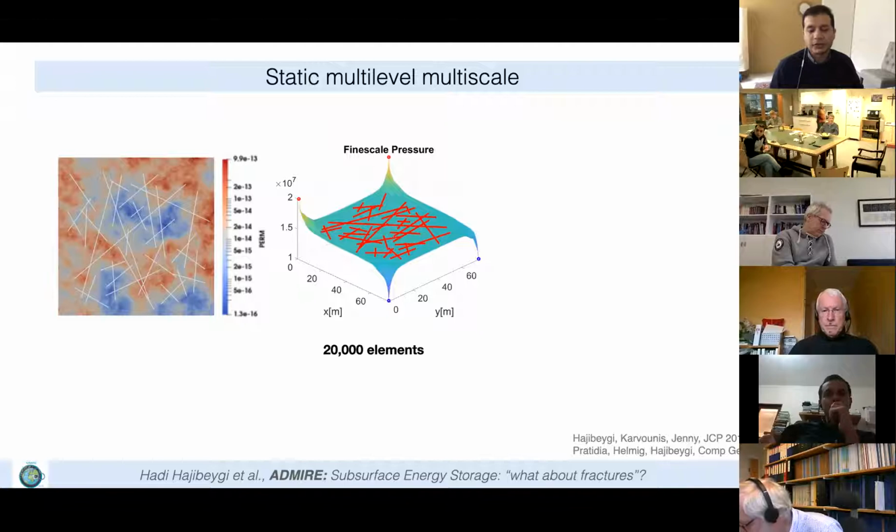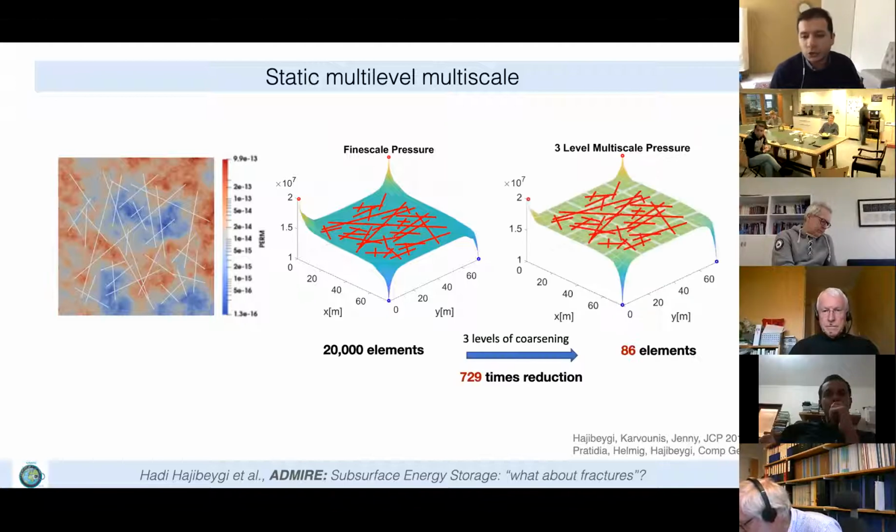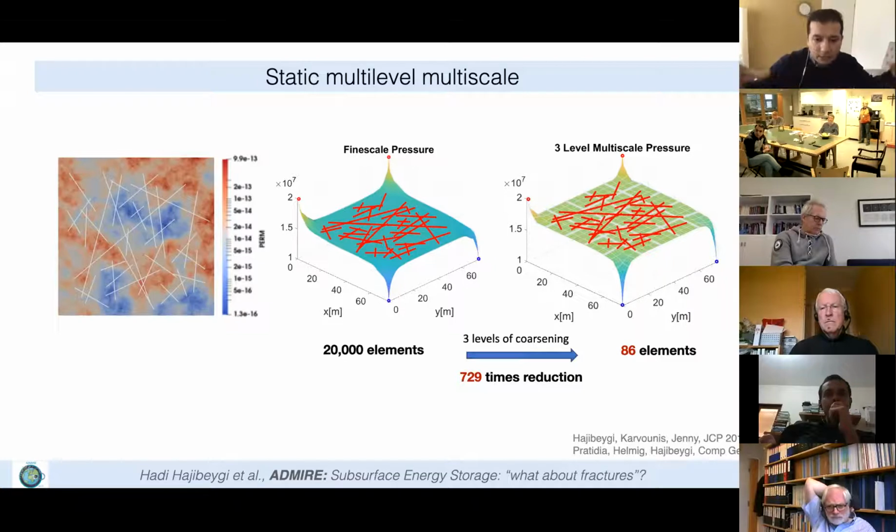You have used 20,000 elements here, and now you cross the scale 3 levels up, and you only solve implicitly for 86 elements, and you interpolate with those local basis functions to get some plot that would fairly look close to this. Obviously, there are errors there that by eyes you can't detect, but that you should have a strategy to resolve. We have an iterative strategy that you can really resolve that thing.